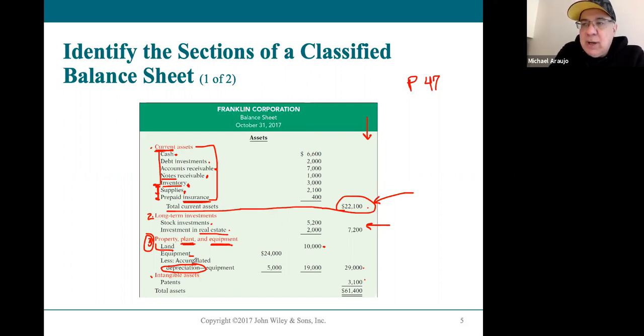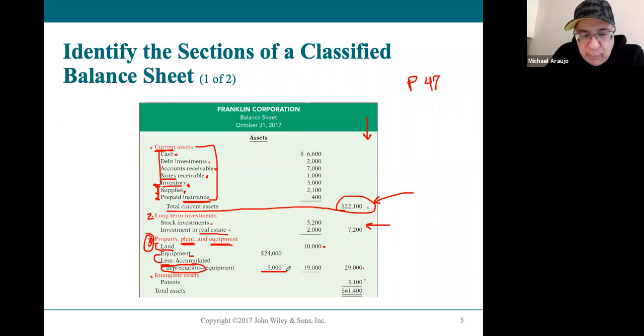And so we have a depreciation expense that you saw on the income statement. That shows how much of our long-term assets, our property, plant, and equipment, we have expensed for that month or whatever period of time the income statement is. What we show on the balance sheet is how much, in this case, of the equipment we've actually expensed over time. We call that accumulated depreciation.